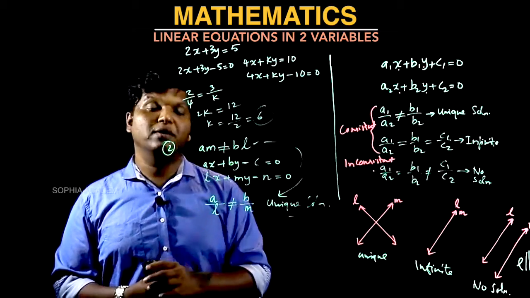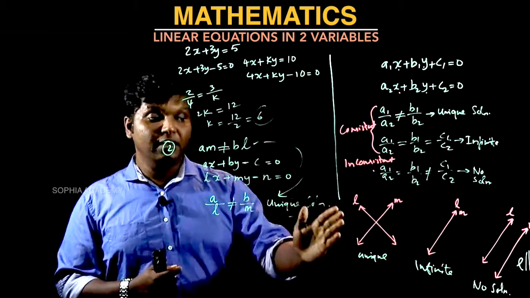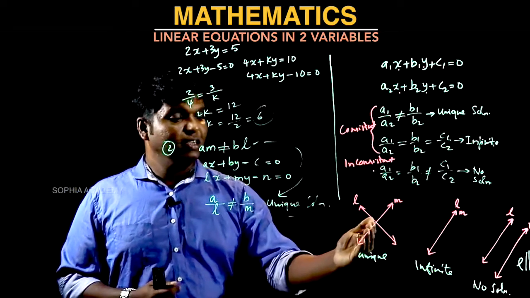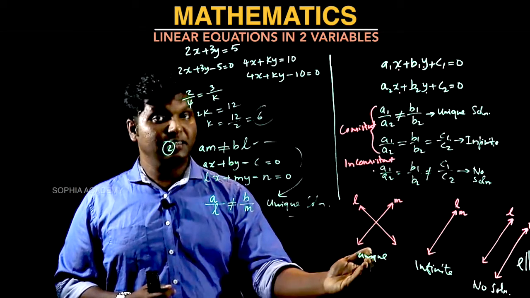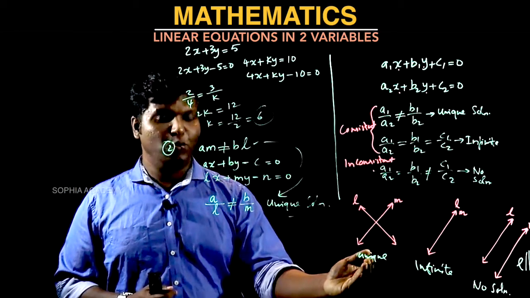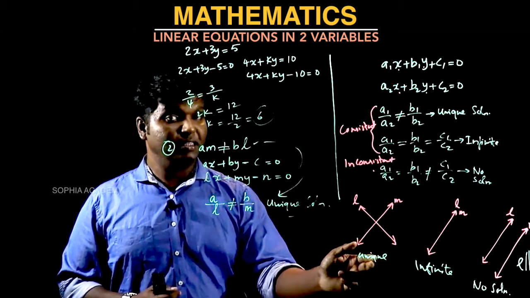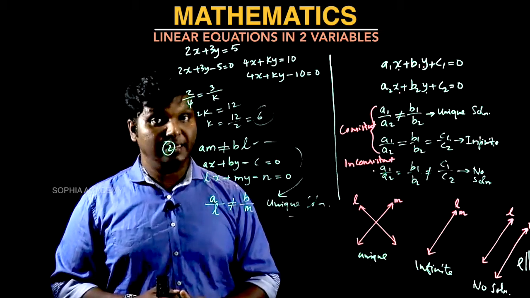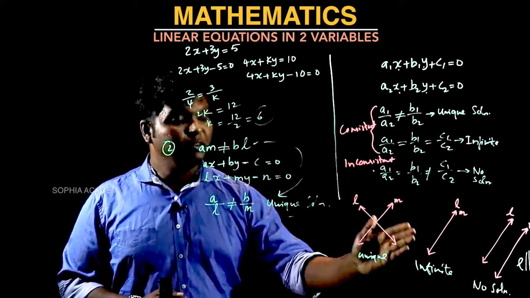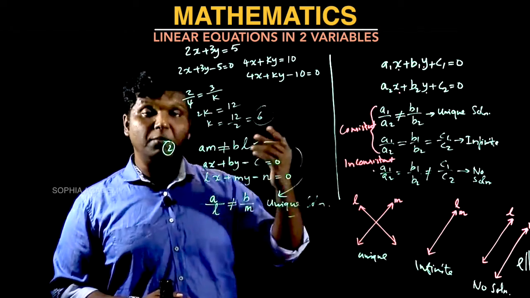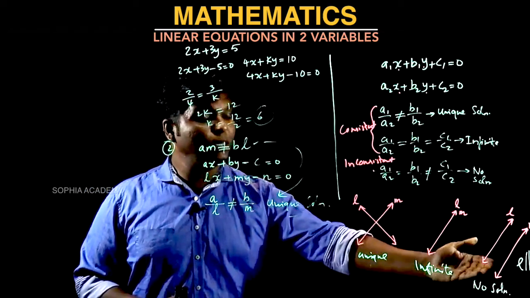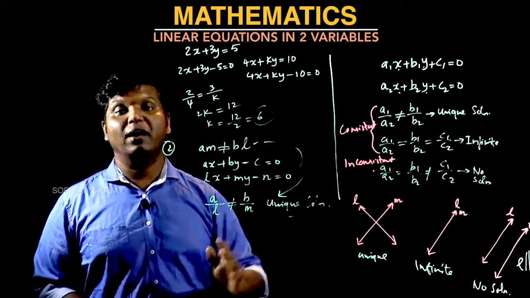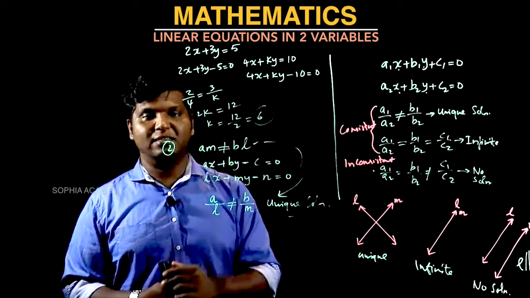But tell me what will be the condition regarding the graphical representation method. Here, is this consistent? Yes. Why? Because there is a unique solution. What about this one? Is it consistent? Yes. Why? Because they also have solutions, an infinite number of solutions. Is this one consistent? No. Why? They do not have any solution at all, as they are not intersecting anywhere.